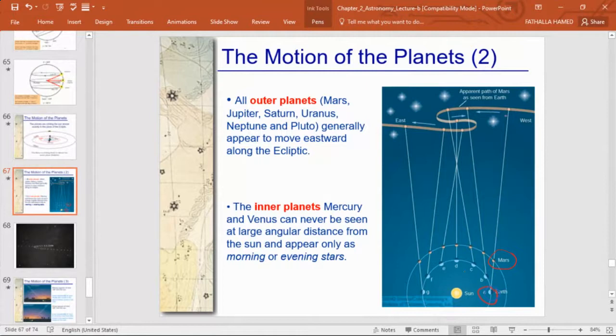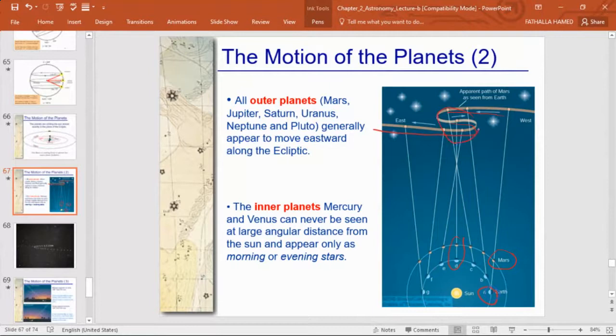So as you can see here, Mars is ahead of us. Then at some point, the Earth catches up with Mars, and the Earth will move faster. So it seems that Mars basically is moving backward, and then it comes back again and it moves forward.